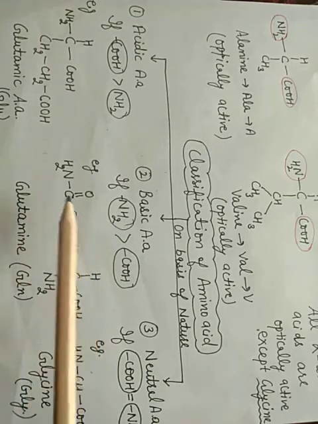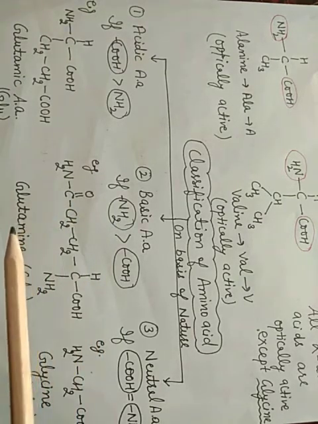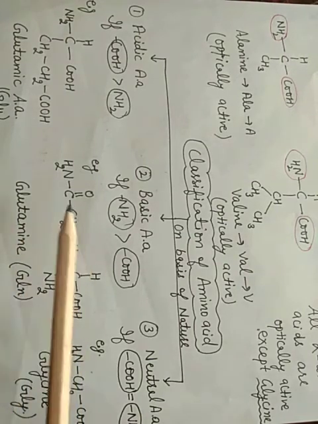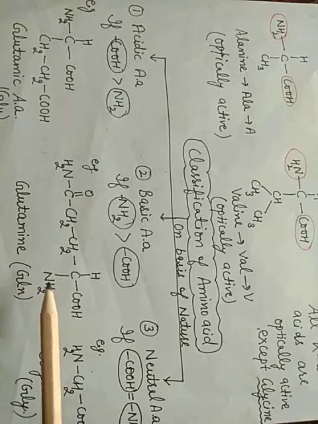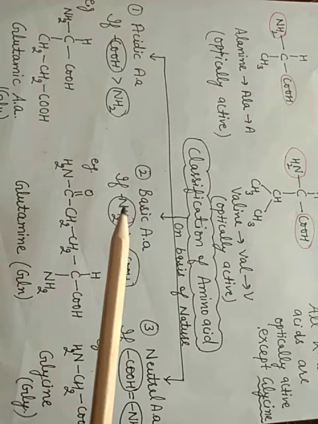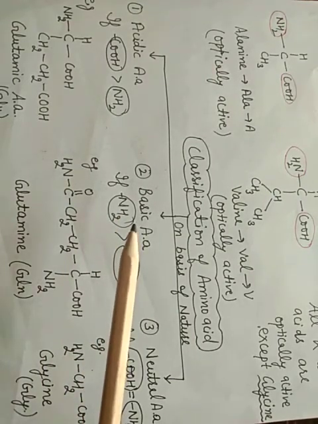So in this structure of amino acid, 2 NH2 groups are present. This is the R group. 2 NH2 groups are present, so the number of NH2 groups is greater than COOH. So this is the basic amino acid.